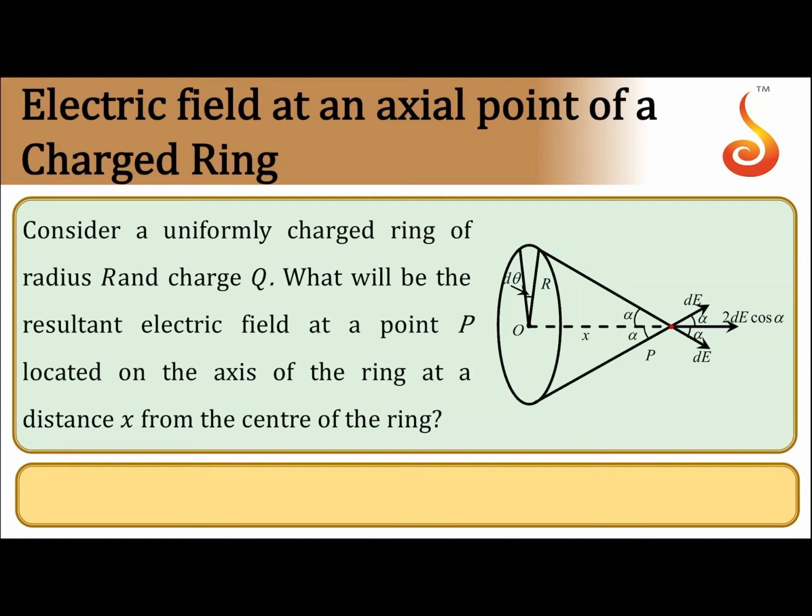Now consider a small element on the ring, this element in the diagram. Let us say it subtends an angle d theta at the center of the ring.